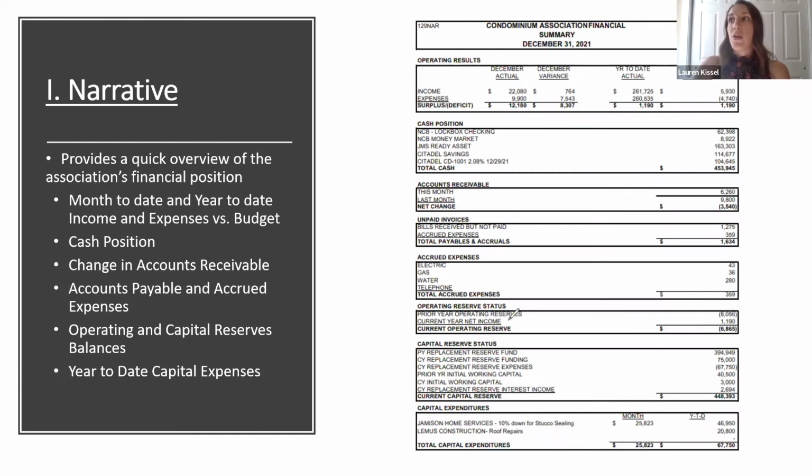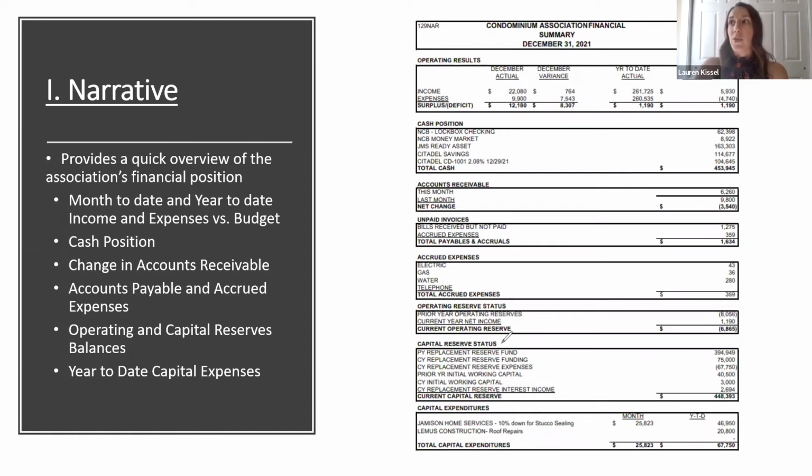Because in your current year you actually have a surplus of roughly $1,200, you're actually reducing your operating reserve deficit, which is good. You do want that number to be almost at zero. And what that sort of means is that in previous years, the association may have had to borrow from your capital reserve account to pay for operating expenses.